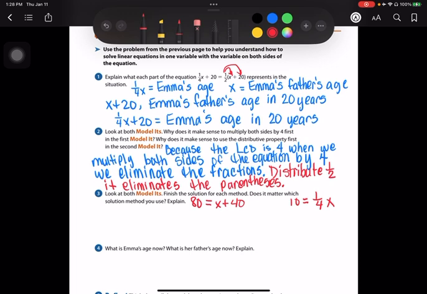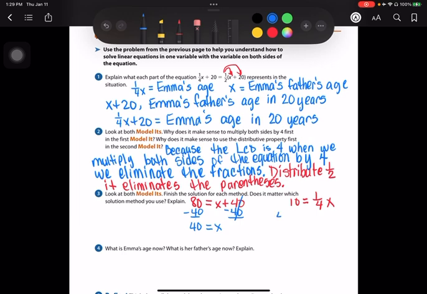Okay. So for this first one, you should have subtracted 40 from both sides. That cancels, and you're left with 40 equals x. For the second one, in order to get rid of this fraction, you have to multiply both sides by the reciprocal. So the reciprocal means to flip the fraction. So the denominator becomes a numerator, and the numerator becomes a denominator.